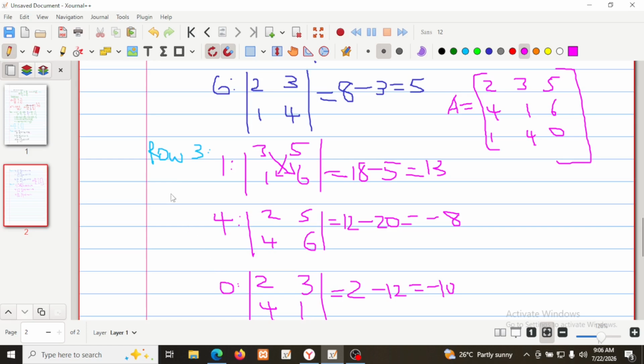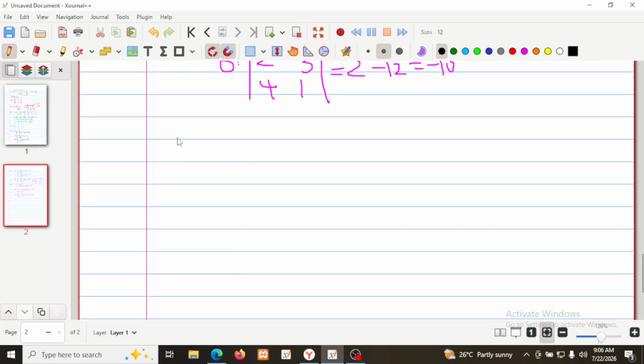So when we form the matrix, we'll have the matrix which is negative 24, negative 6, 15.